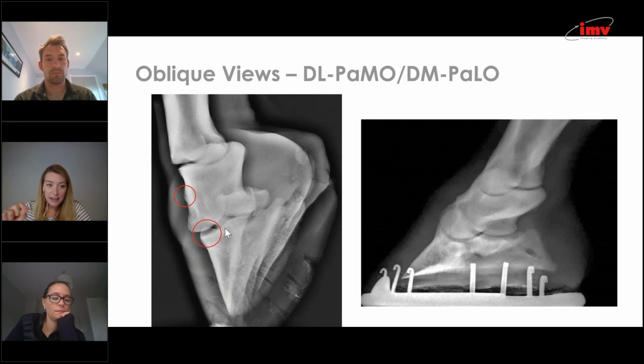Sometimes, though, if there's a little discrete bit of modelling, I find it skylines really nicely on these. Also, this region here on the distal phalanx, it is possible sometimes to see new bone formation on the dorsomedial and dorsolateral aspects of the dorsal cortex of the distal phalanx, often in association with laminar pathology.